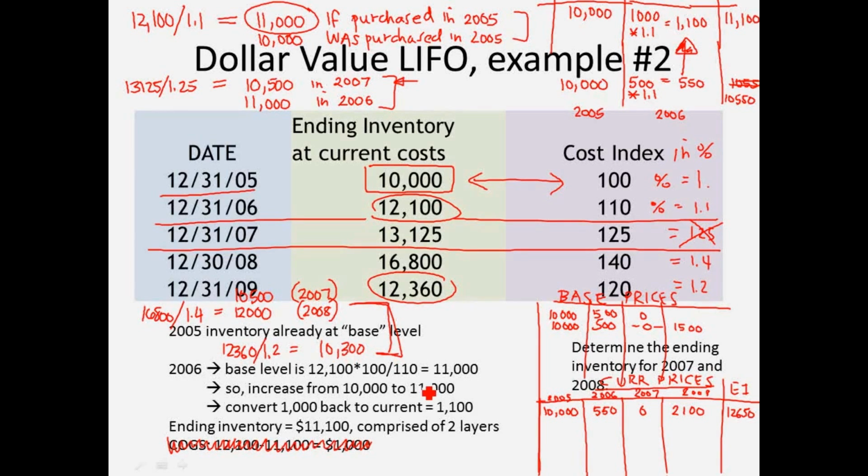Okay, so how much did it go down? 1,700. Okay, and that's in base quantities. So which are the ones that you're going to use first? The ones that you bought last, right? So these. Do you have enough of these? No. So you're going to get rid of all of these.